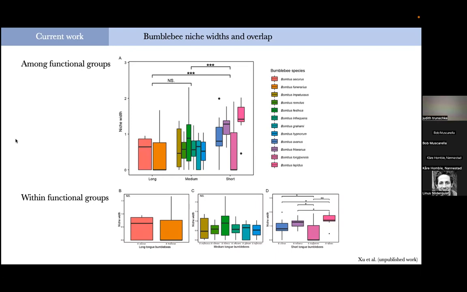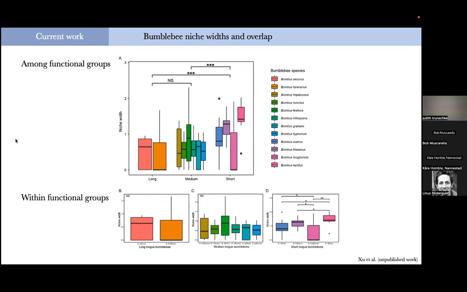So the number of different plant species that they are utilizing for resources varies depending on their tongue lengths. And what you can see is that, yes, the short-tongued bees have on average a larger niche width, so they utilize more different plant species than the long-tongued bees, and compared to the medium-tongued bees, although there's no difference between long-tongued bees and medium-tongued bees.